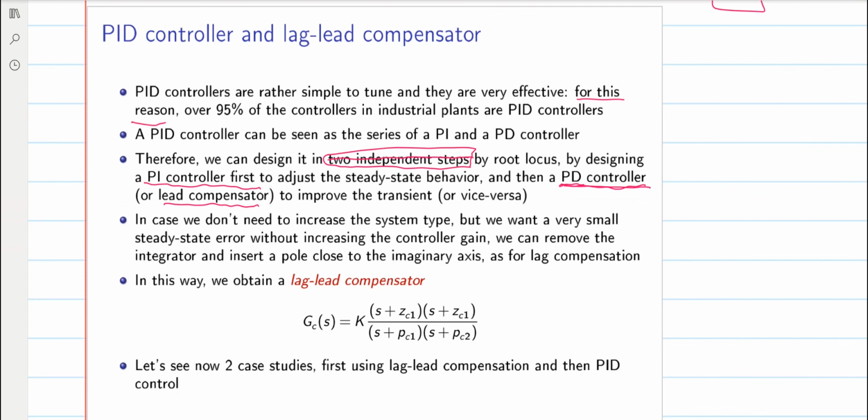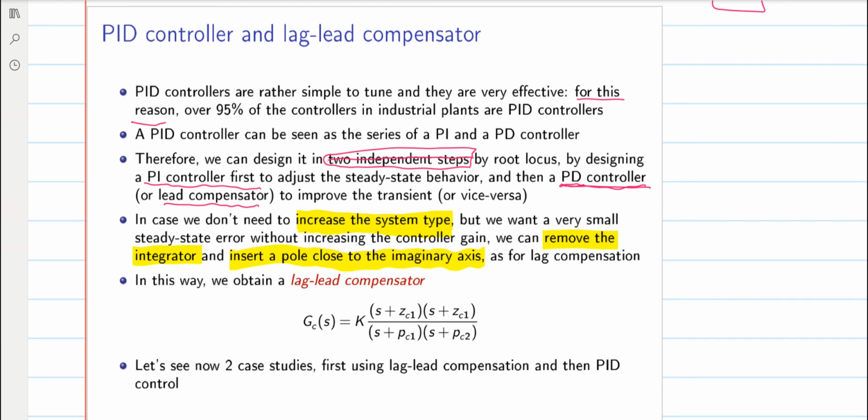Another thing we have here is regarding the PI part. If we don't need to increase the type of the system, but we want a very small steady state error without increasing the controller gain, we can remove the integrator and insert a pole close to the imaginary axis.